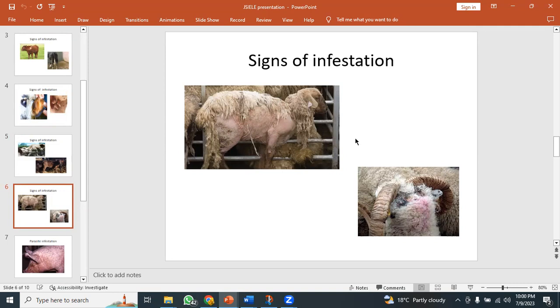It is losing its wool. Yeah. Just like the first slide, we saw a cow that was losing the hairs on the coat. It's the same thing with this sheep, that it's also losing its wool. So parasites like mites that infest the skin of the animal can cause the sheep to lose its wool. Moving on to the next one.